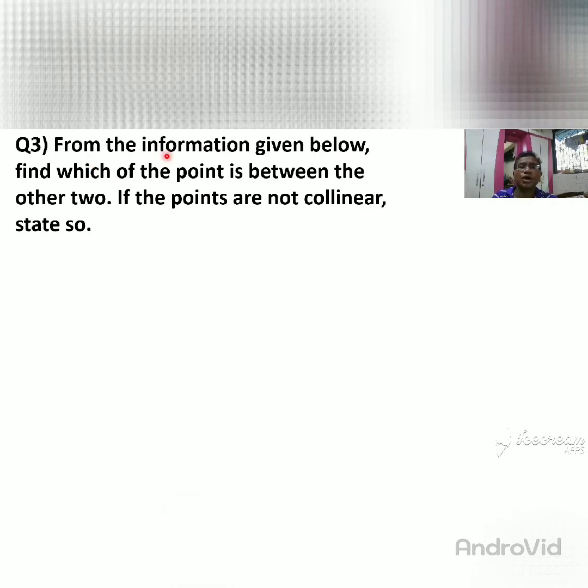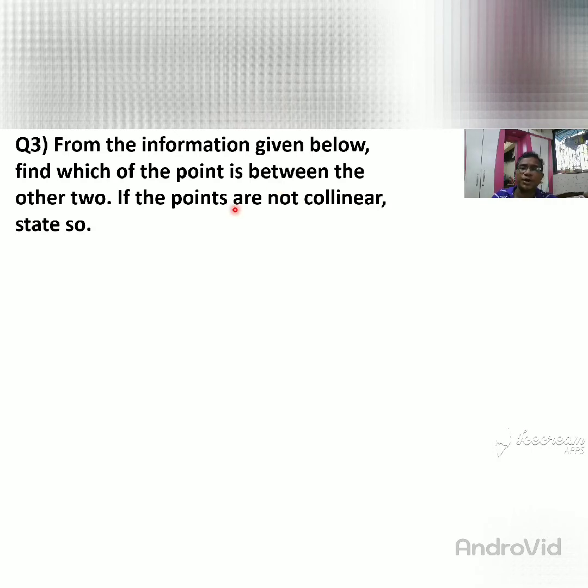From the information given below, find which of the points is between. So they have given information, and with the help of that information you want to find out whether the points are between or not between.